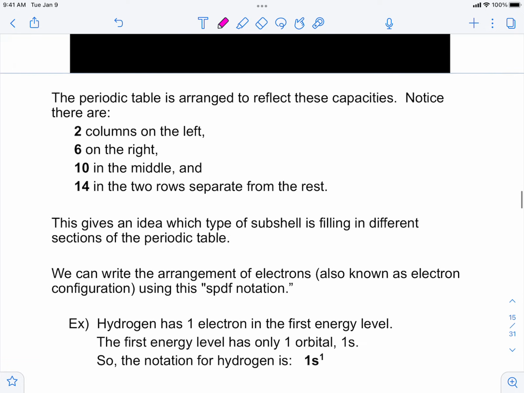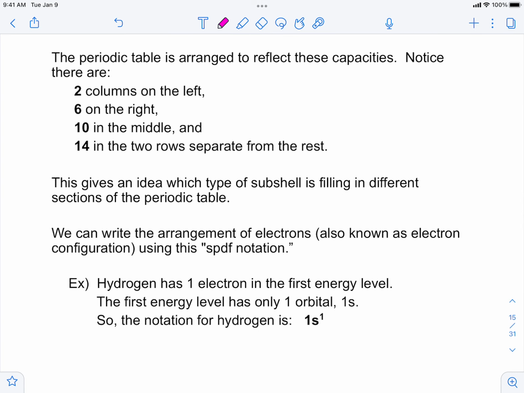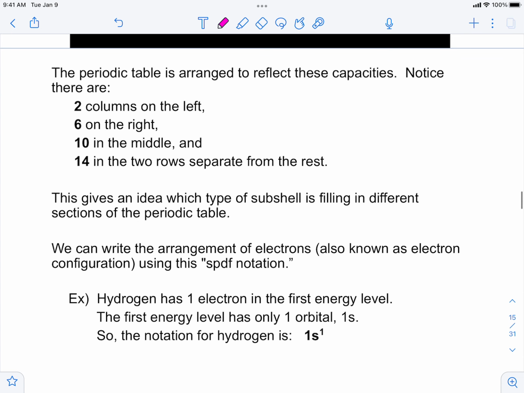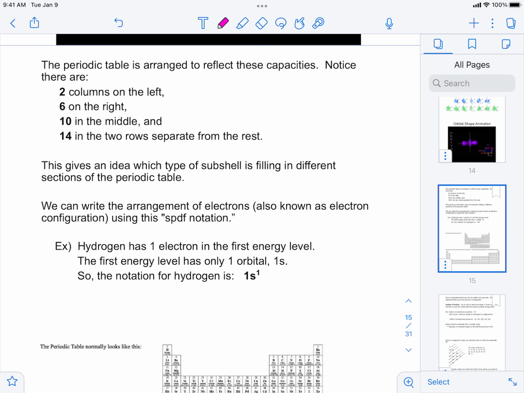So what is the point of all this? Why do we even talk about this? This is kind of weird. So here's what we actually use this for. We are using electron configurations as bookkeeping.